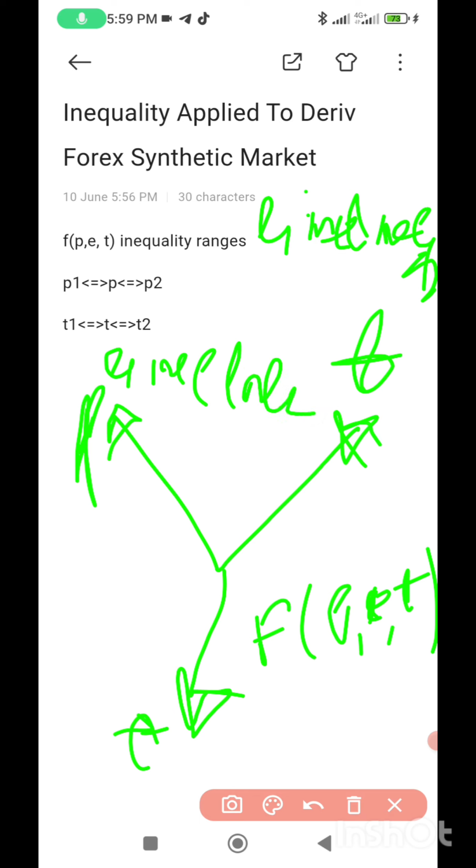Now when we have some ranges of error and some interval of time, we allow price to be restricted based on those constraints, and so the surface will be active maybe at this session. The surface will just be active at this session.